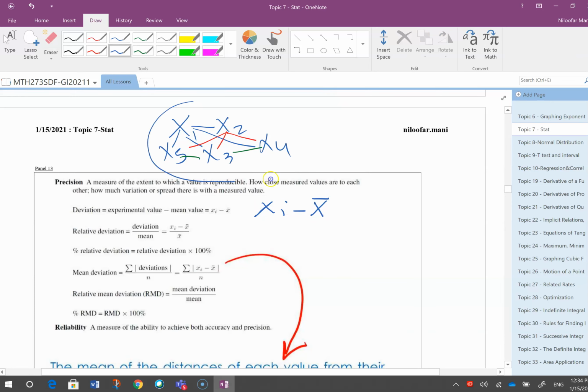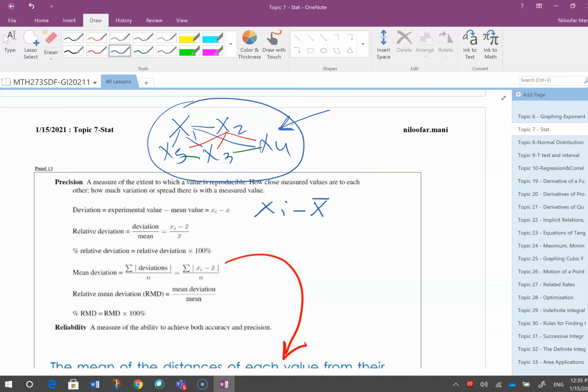Instead of comparing the data with each other and finding all these differences, you compare them with the mean value, because the mean is in the middle of all of them. So you compare each with the middle, and you call this deviation: the difference between xi and the mean value.